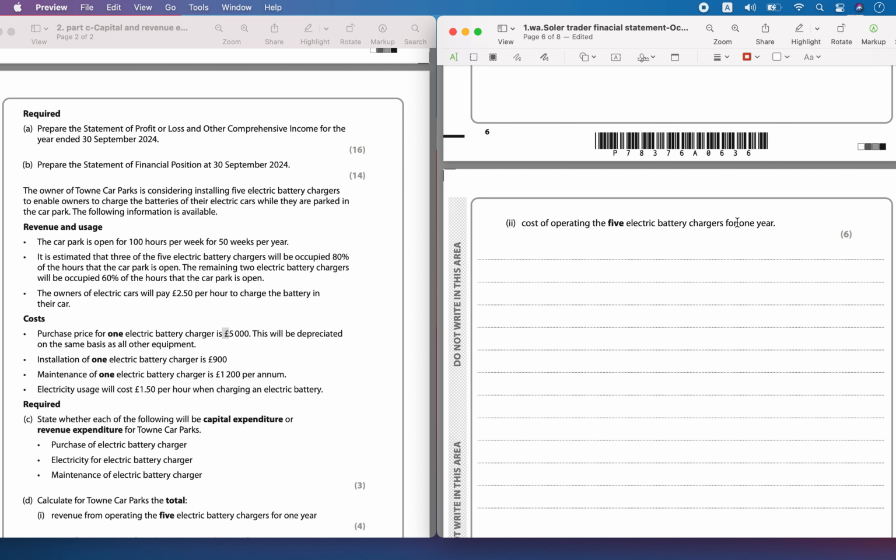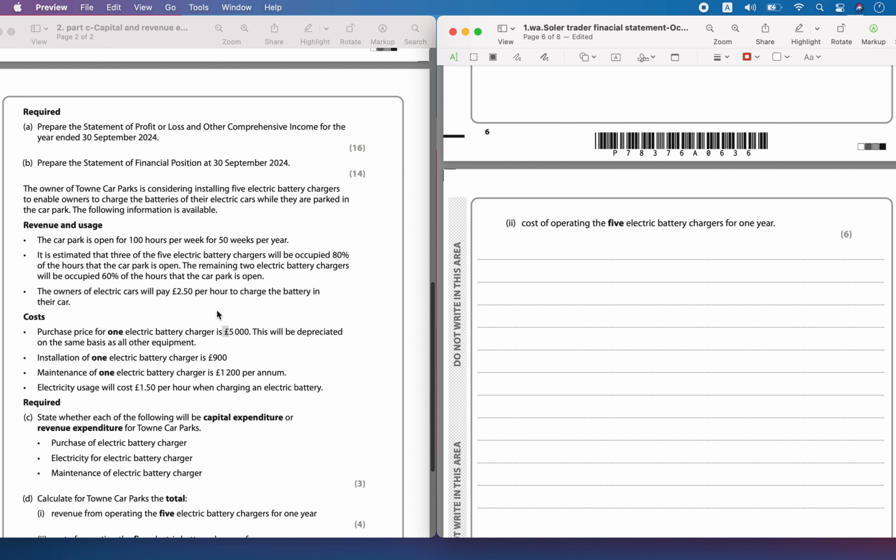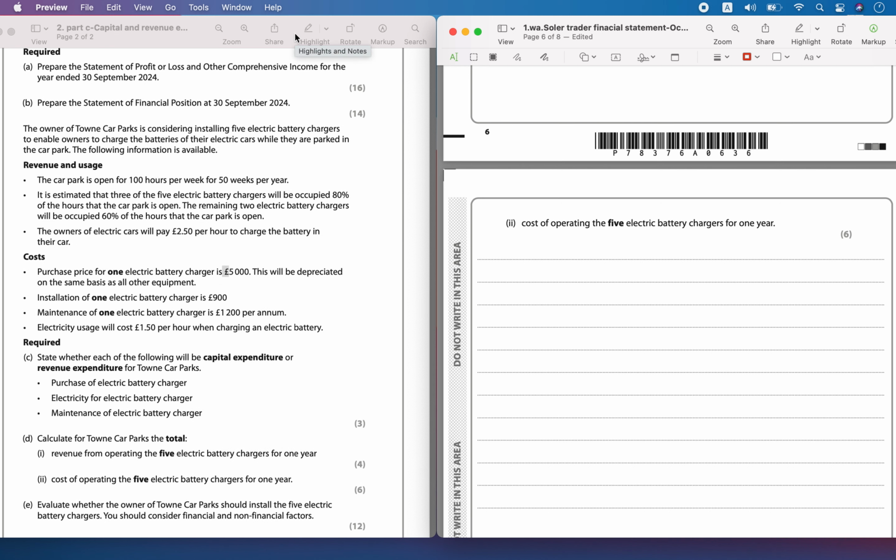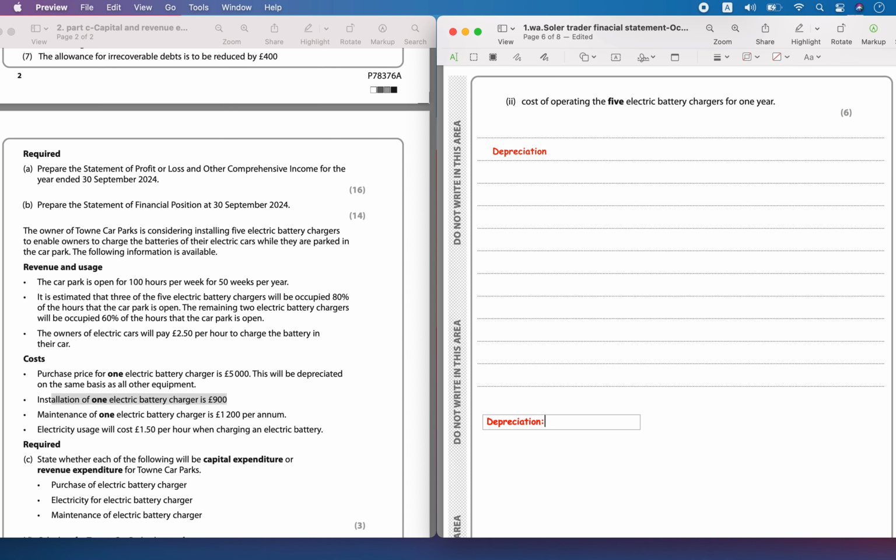Then the cost of operating the 5 electric battery chargers. For this operation, we can see there is a depreciation cost, maintenance cost and electricity usage cost. First the depreciation working. Let's calculate the cost of the 5 chargers installed.